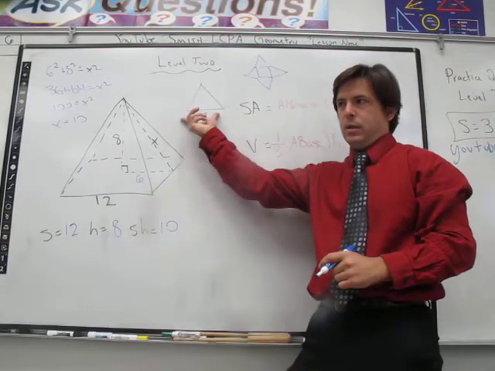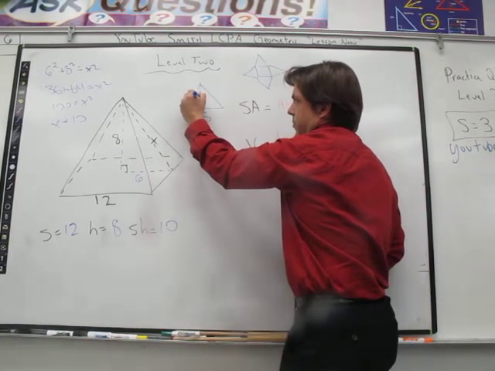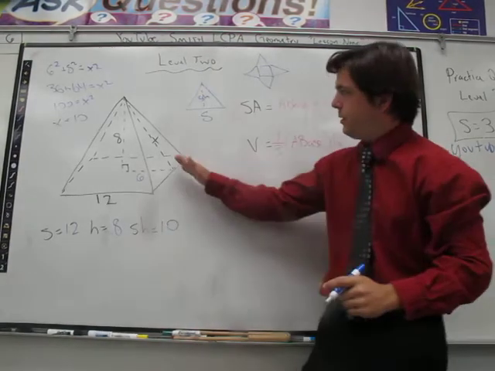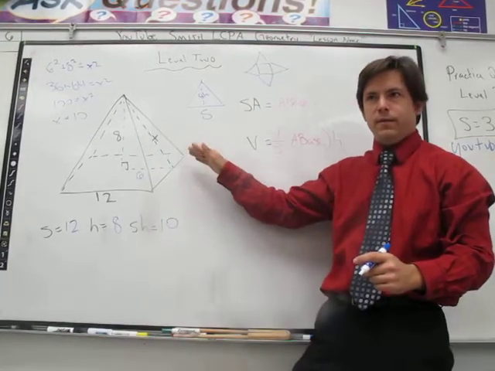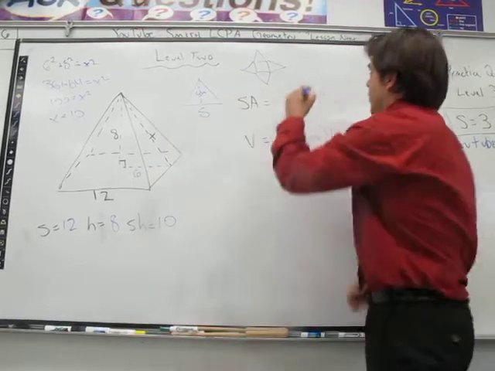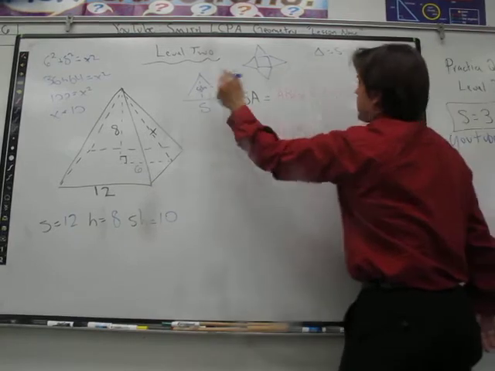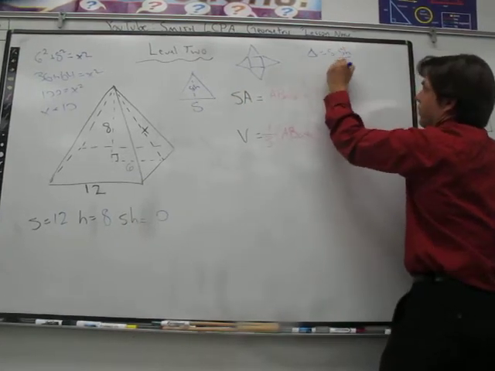Does that make sense? And then the height is not the height, but actually the slant height of the triangle. Does that make sense?